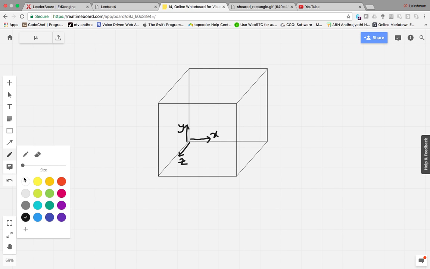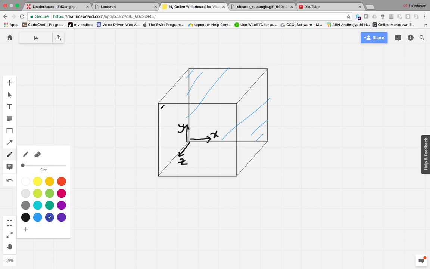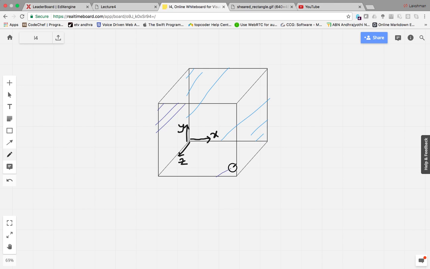Now again for the back plane, so this is the back side, just letting you know. And for the front side, you can see this is the front one. It will become ugly, so I will not fill it up.